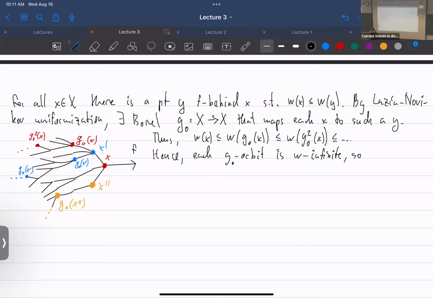So by exercise 3, the orbit equivalence relation of G0, EG0, is nowhere smooth.